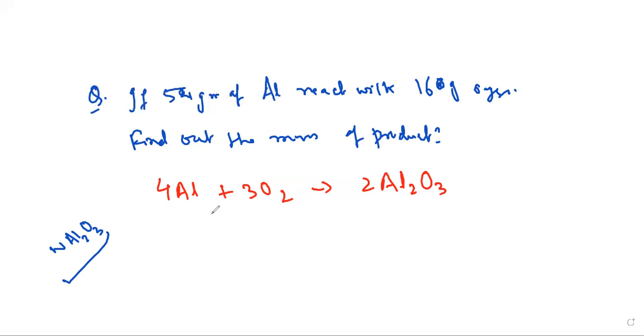Oh, wait, 27. 54. Aluminium 27. Ma'am, is it 102 grams? Yes, 102 grams. Okay, ma'am. I had a confusion with the method, I got it. I thought you had to divide 160 by 3 times the atomic mass of oxygen, so I got confused. I thought you had to multiply the stoichiometric coefficient to find the moles. I got it now, ma'am.